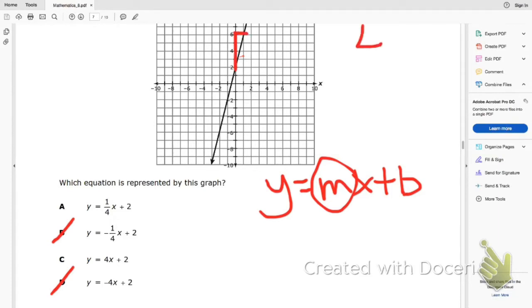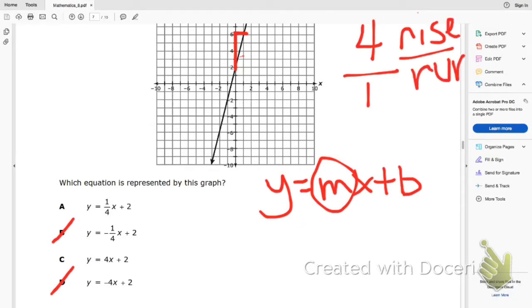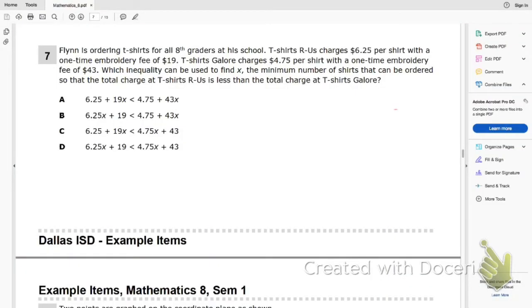That is rise over run. So you go up and then you go over. 4 over 1 can be translated to 4. So the answer is C. Again, 4 over 1 is how you can think of it, plus 2. That's it.